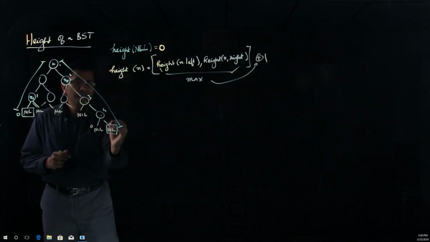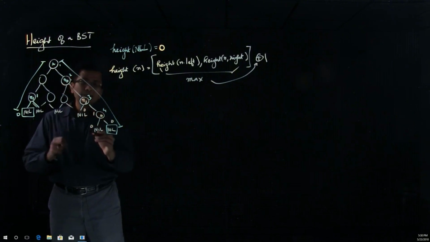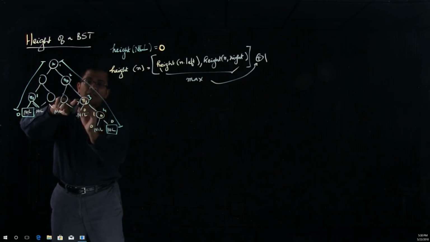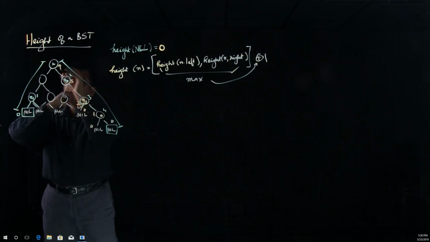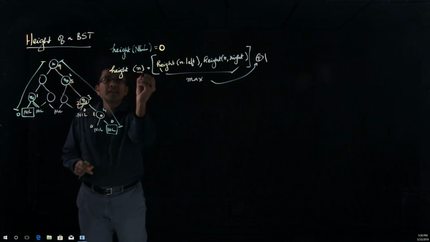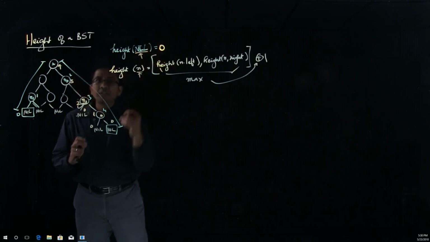For example, the height is 0 at these two leaves, the height is going to be 1 at the node here, the height is 0 at the leaf here. Let's call this N3: the height is going to be the max of the height of its right child, which is 1, and the height of its left child, which is 0, so max of 1, 0 is 1, plus 1, so the height of this node becomes 2. Likewise, the height of this node becomes 3. The height of the root becomes 4. So the height of a tree is defined recursively by defining the height of each node, starting with the height of the leaf being 0.